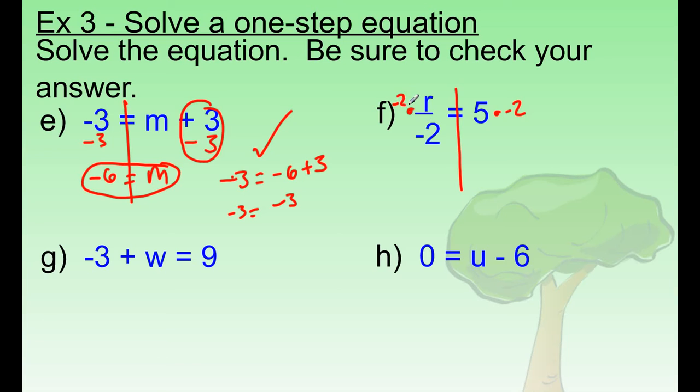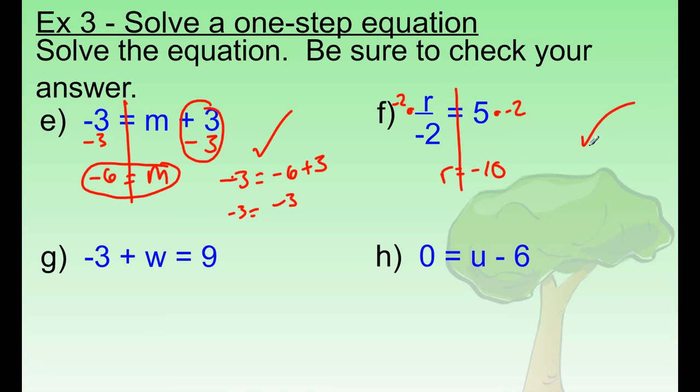Over here, a multiply by negative 2 and a divide by negative 2 will cancel because negative 2 divided by negative 2 is equal to 1r, and that 1 is not necessarily needed. On the other side, 5 times negative 2 is negative 10.